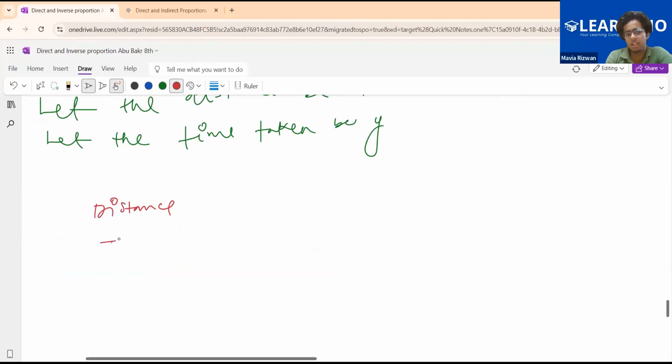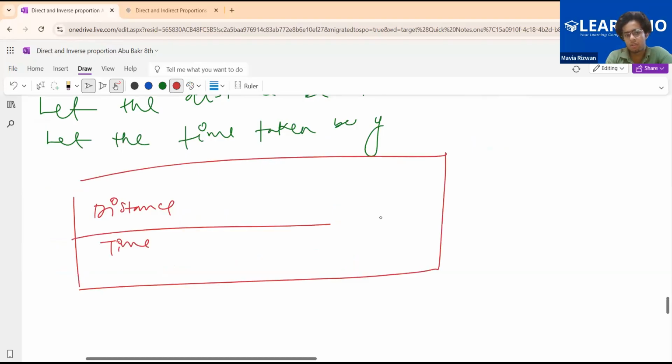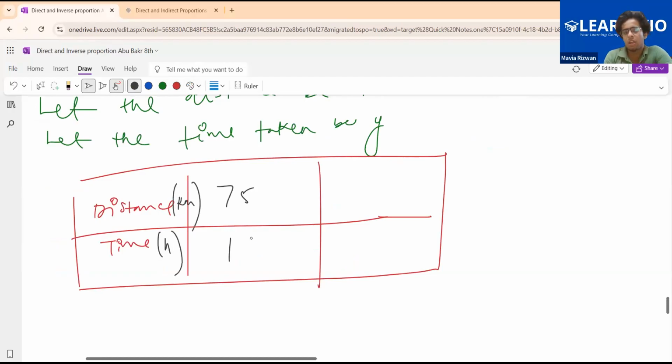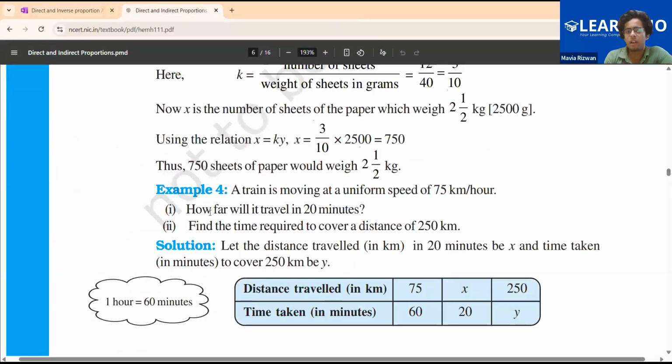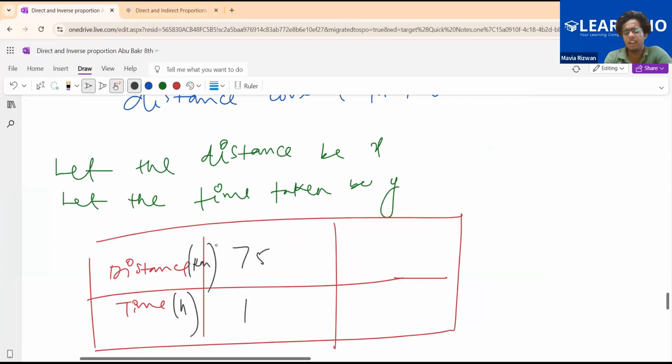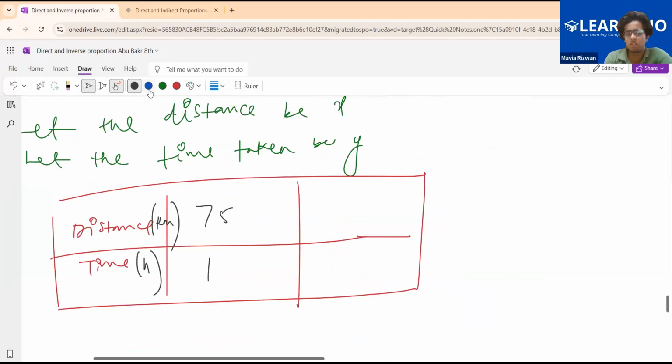This is time. So it is like x1, y1, x2, y2. So distance is 75 kilometers. Time is 1 hour. Time in hours, distance in kilometers. Okay, now they are asking: how far will it travel in 20 minutes?